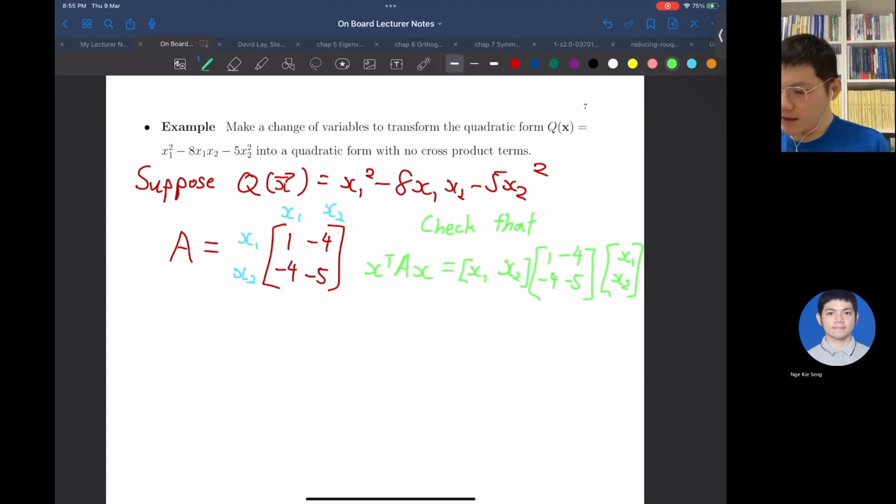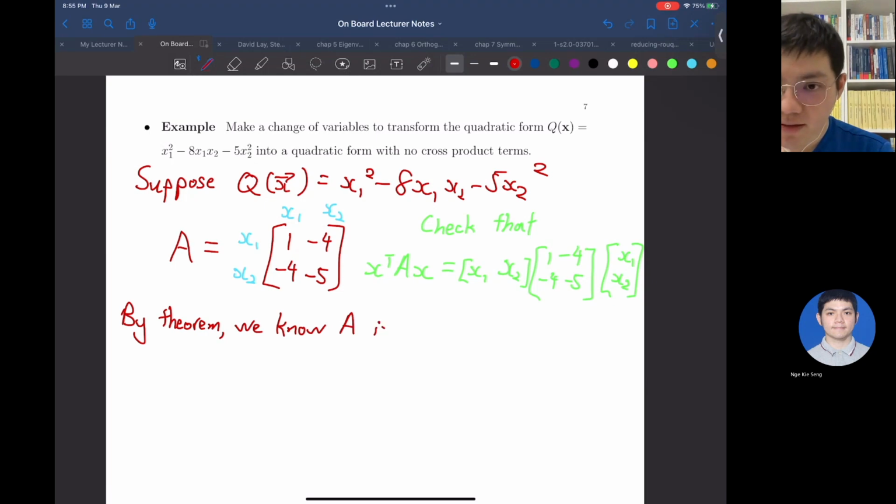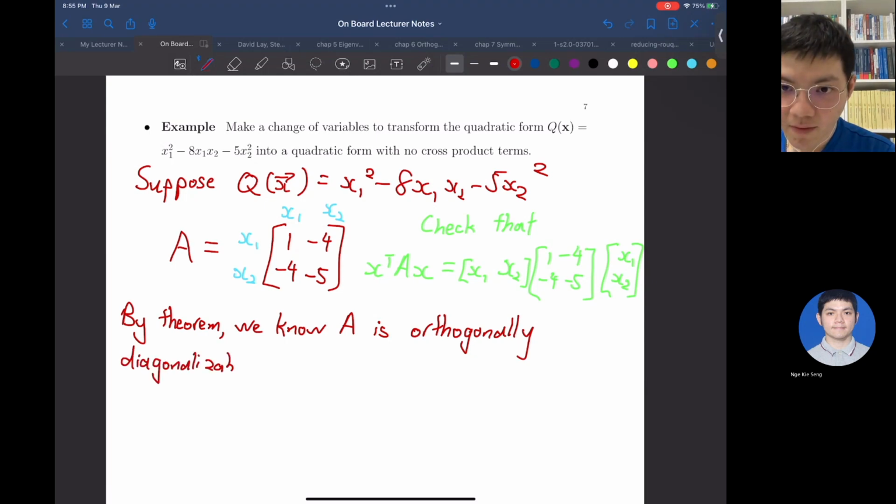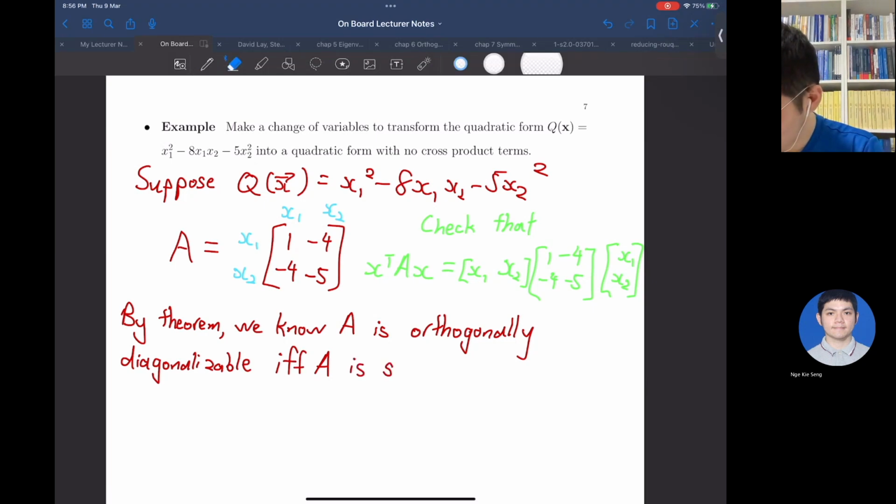Okay, the next step is we can diagonalize this matrix, right? So by theorem, we know that A is orthogonally diagonalizable if and only if A is symmetric.